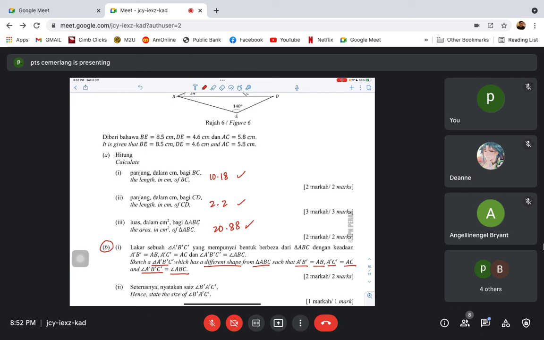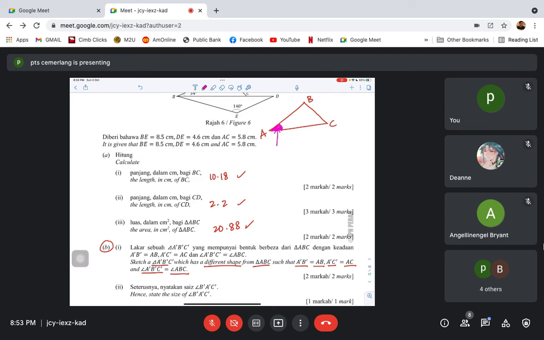If you're asked to draw a triangle, let me just show you one thing. Katakan, kalau kamu ada satu segitiga macam ni, kalau ada A, B dan C, and the question specify, soalan cakap, you punya angle A mesti kekal. This one mesti sama.